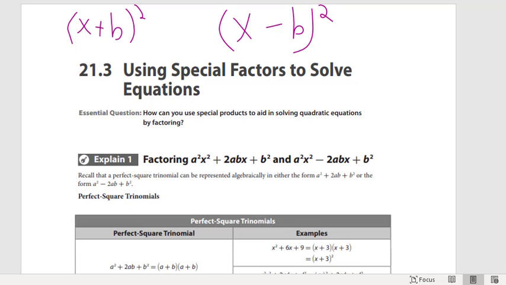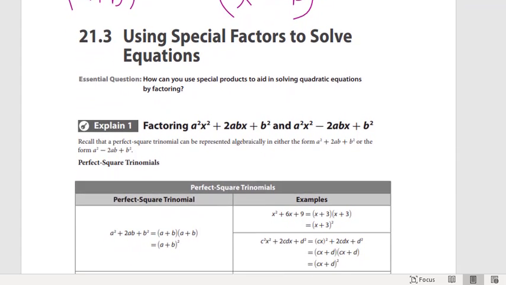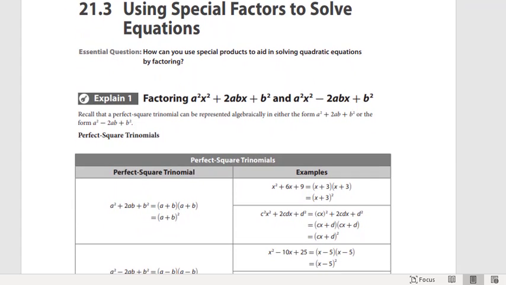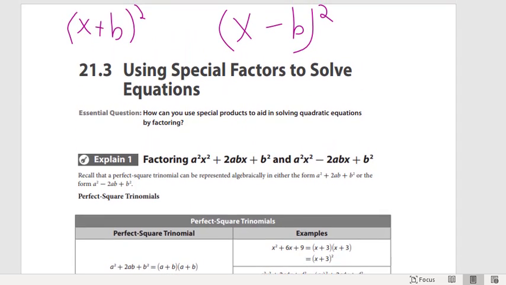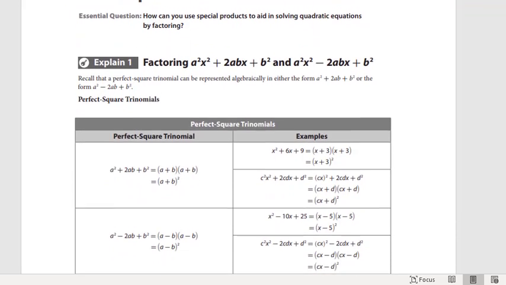When we did that, it gave us some special products. This time we are going to undo that and factor from a standard form quadratic to get back to one of those special cases.